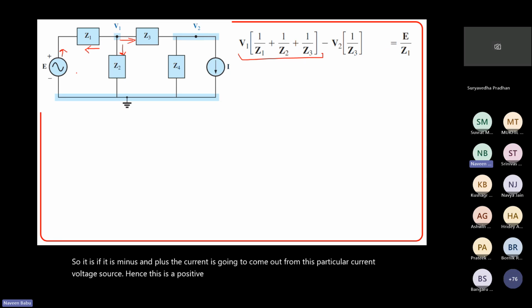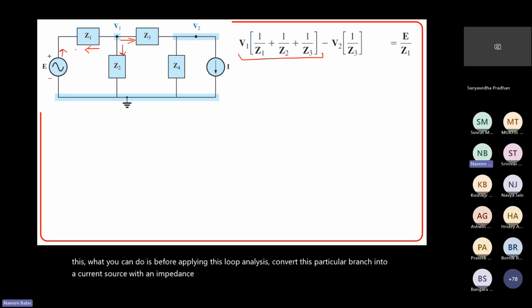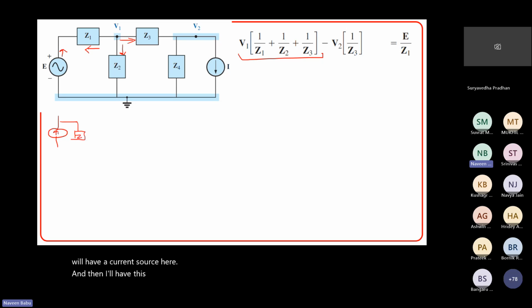In other words, if you are unable to visualize this, what you can do is, before applying this analysis, convert this particular branch into a current source with an impedance. So if I convert this into a current source with impedance, I will have a current source here, and then I will have this impedance Z1 here, and then I have this V1 here.